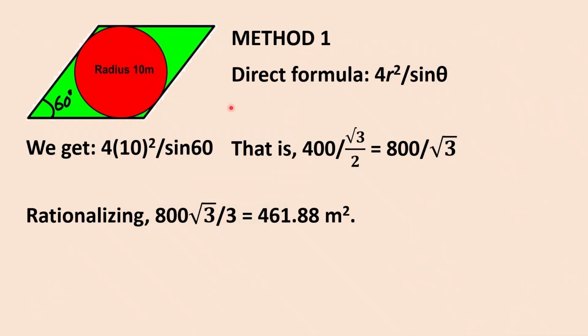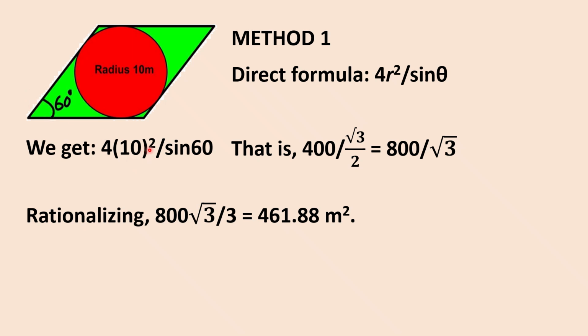So the first method is the direct formula: 4r squared by sine theta. Here r is the inradius and theta is the acute angle. r is 10 given, so 4r squared means 4 into 10 squared by sine 60, where 60 is the angle given.